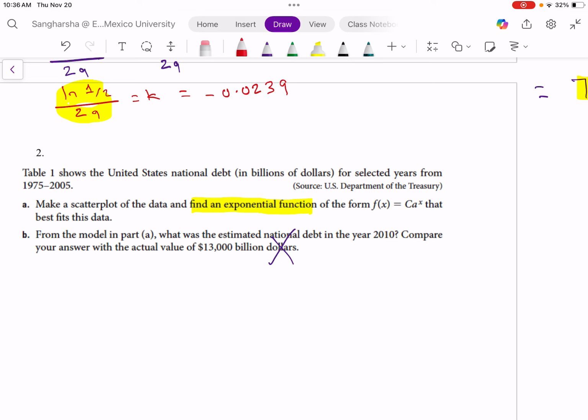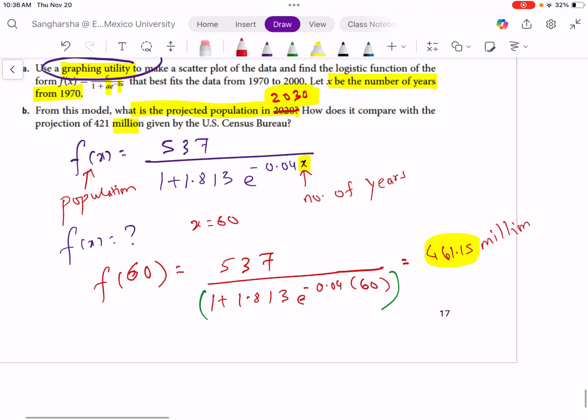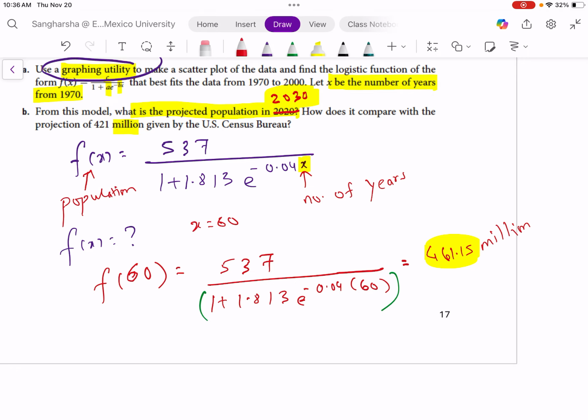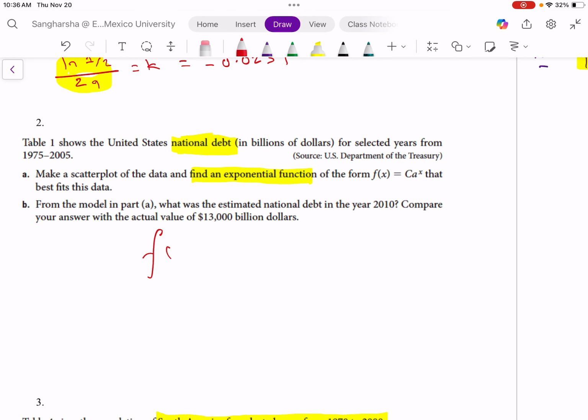We do have a function here: f of x for a national debt. This is the projected population for the year 2030. Here we have f of x equals 681.2 times 1.093 to the power x.